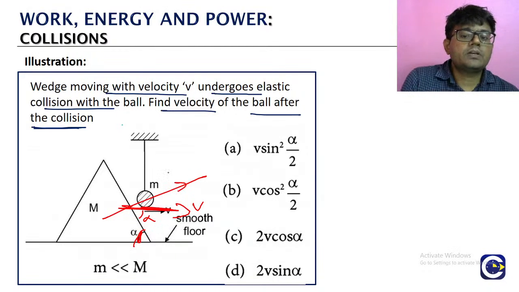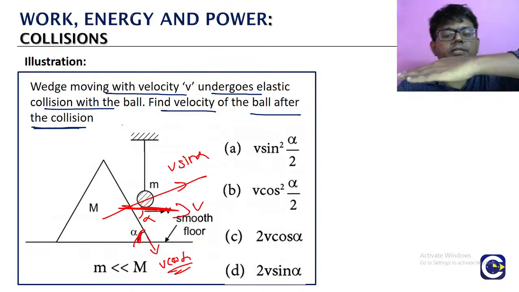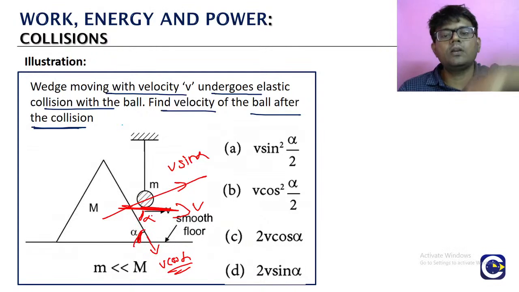The component along the normal is V sin alpha. The component along the contact surface is V cos alpha. So alpha is here, V cos alpha will be along the contact plane, V sin alpha will be along the normal direction.